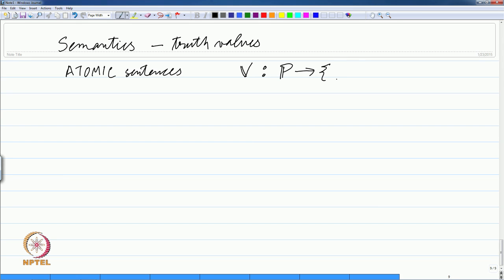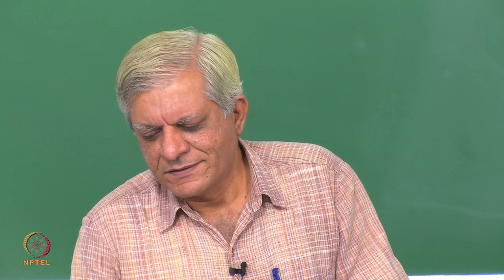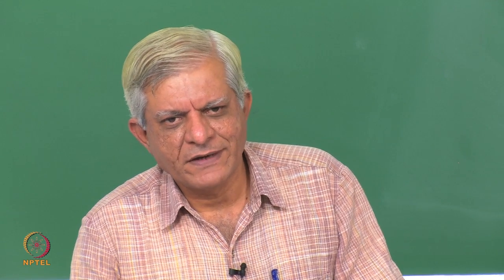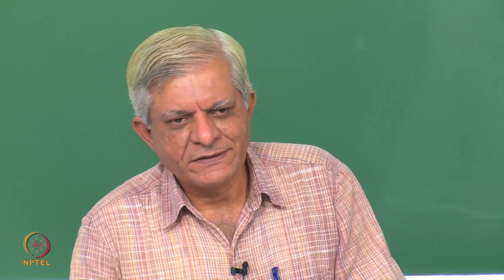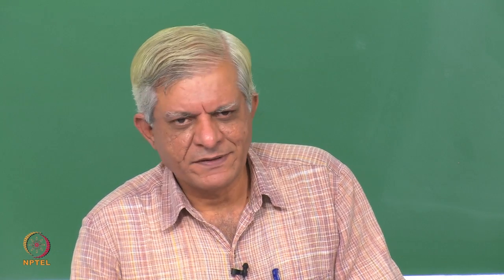So, let us use this set T and F. Throughout the course we will use this two valued set to stand for truth values. As far as between us, we will call the first element true and the second element false, and we will try to associate these two values with our domain. So, whatever we think is true in our domain, we will want to map to this symbol T, and whatever is not true, we would like to map to the symbol false essentially.